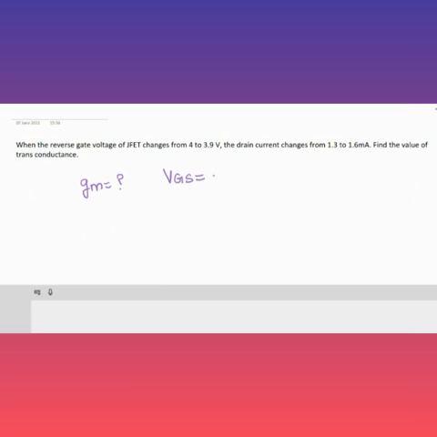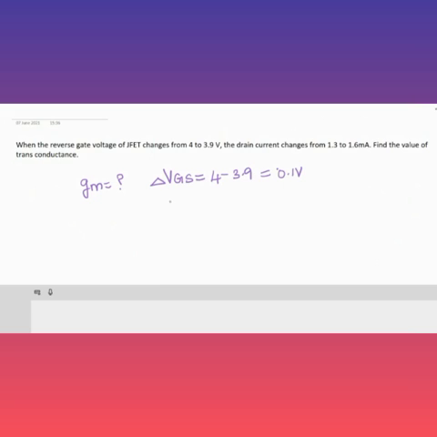First, it is mentioned that it has been changed, so I'm going to find the appropriate value, that is del VGS is equal to 4 minus 3.9. When I substitute this, I will be getting 0.1 volt.